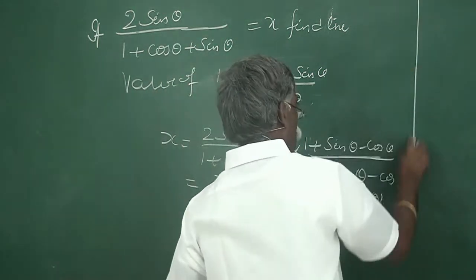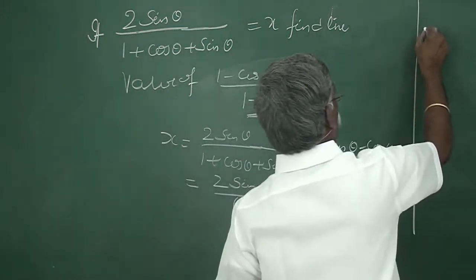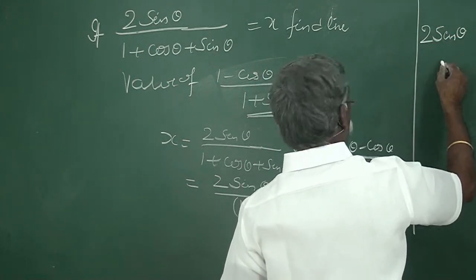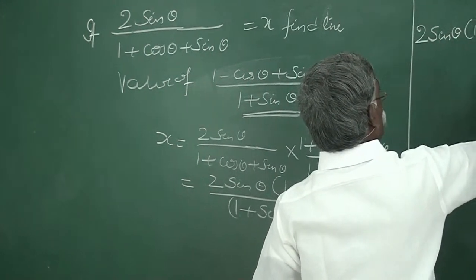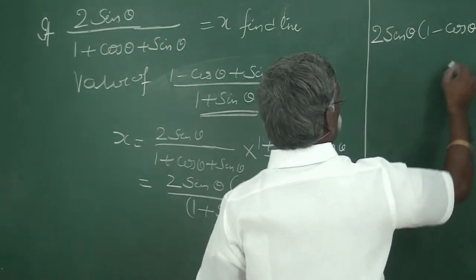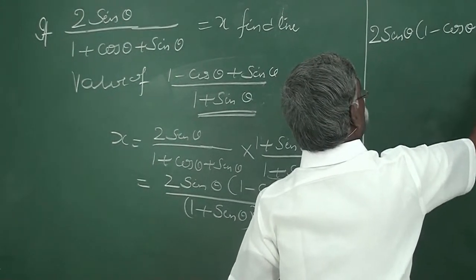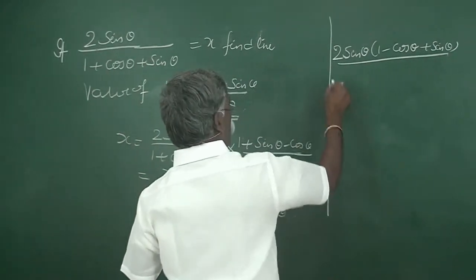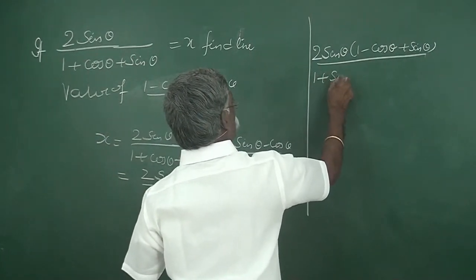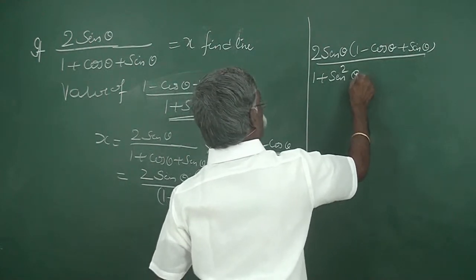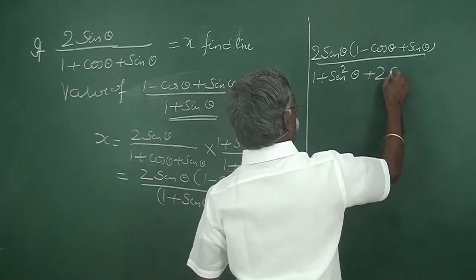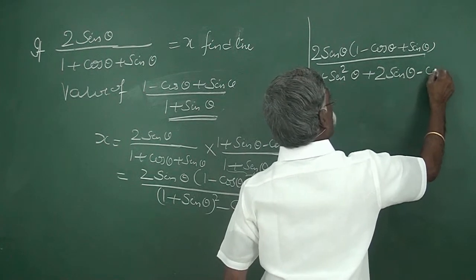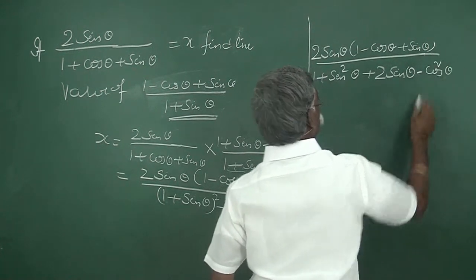Now, the numerator is 2 sin theta into 1 minus cos theta plus sin theta by the denominator. Let us expand this: 1 plus sin square theta plus 2 sin theta minus cos square theta.